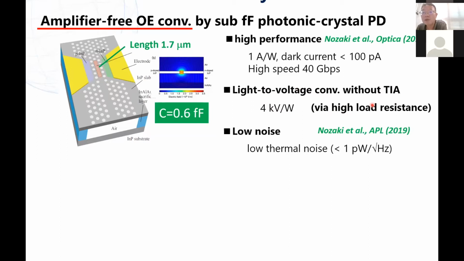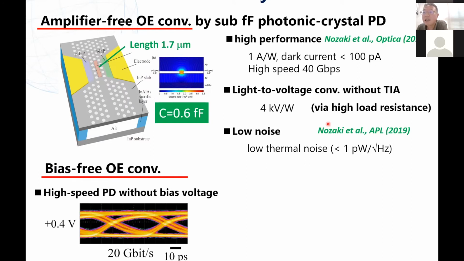Moreover, this photodetector shows very low noise because it does not have a TIA, and it does not suffer from the thermal noise. In addition, this photodetector can operate even at forward bias conditions, although normally the photodetector is used at backward negative bias conditions.